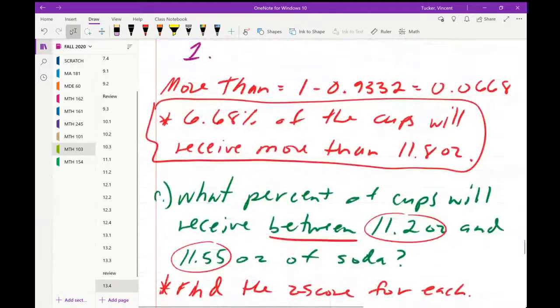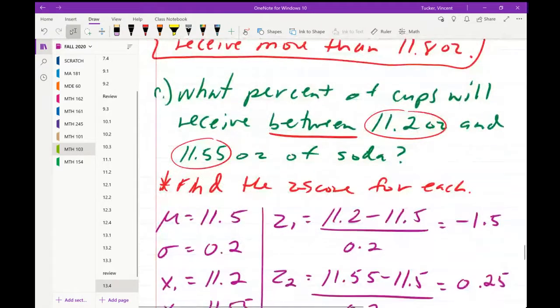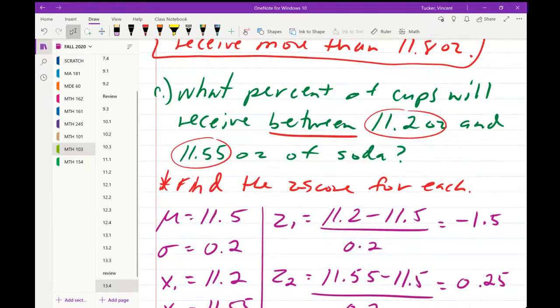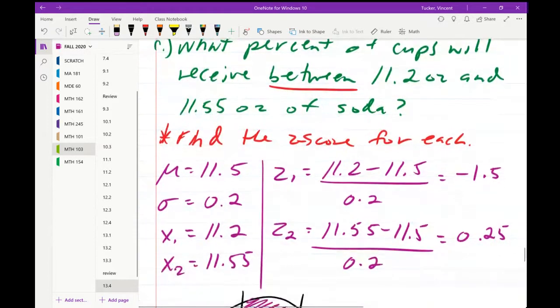All right. Last one. What percent of cups will receive between 11.2 and 11.55 ounces of soda? So this time we're looking at between two different values. We need to find the z-score for each one of them individually.